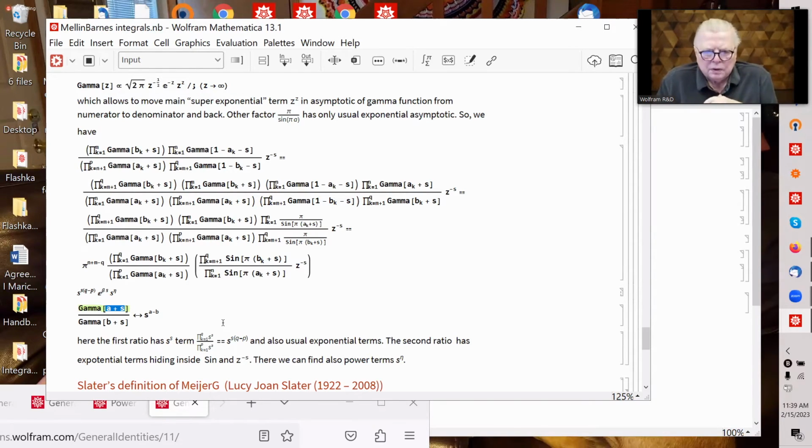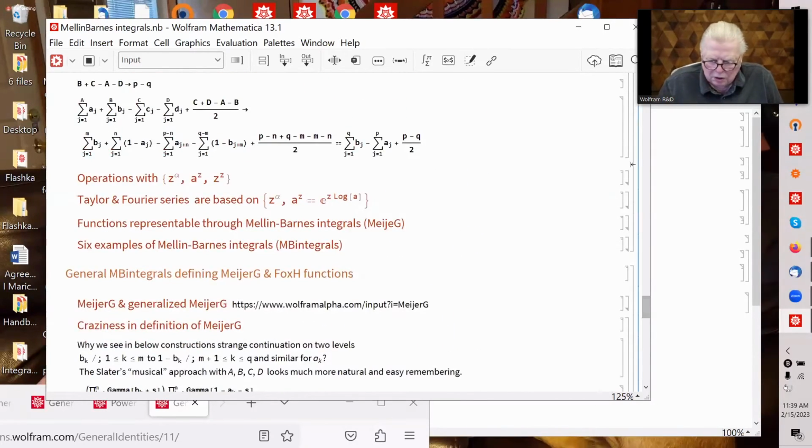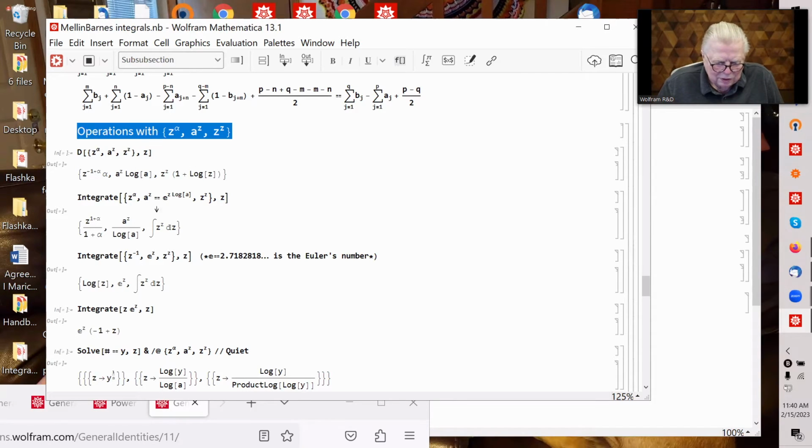Gamma function, and its case factorial, is the only function among mathematical popular functions which include three components: exponential, super exponential, and power.